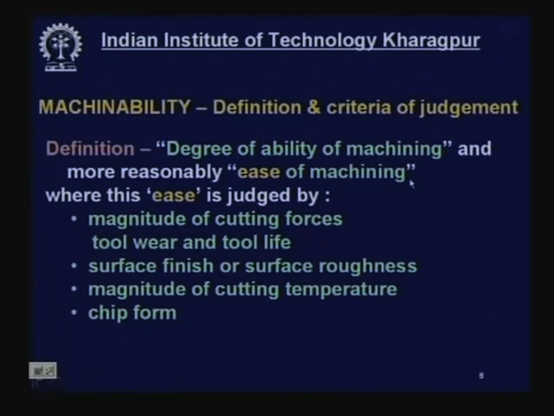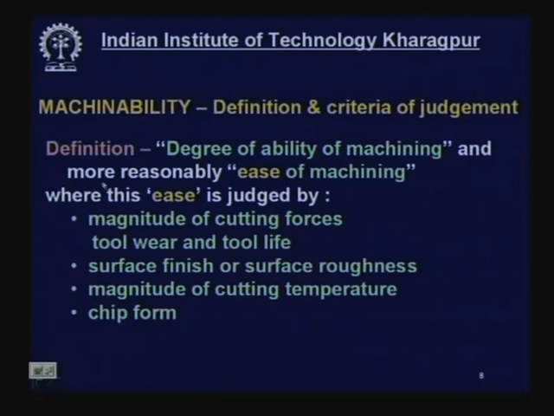Now, the word ease is also very controversial. What is easy to me may not be easy to you, or to person A or B. So, the word ease has to be defined. How do you measure ease? The measurement of ease is the criteria of judgment of easiness or machinability. So, how do we define that?